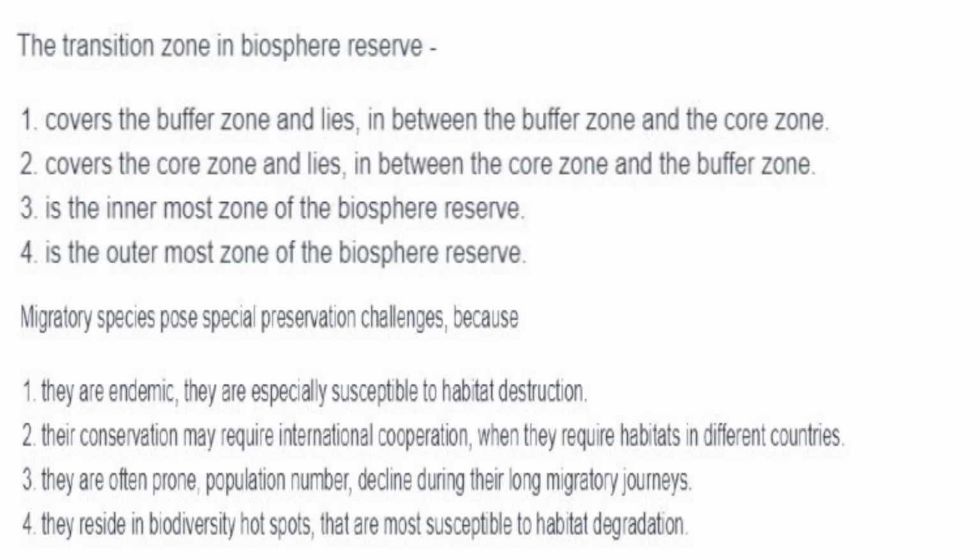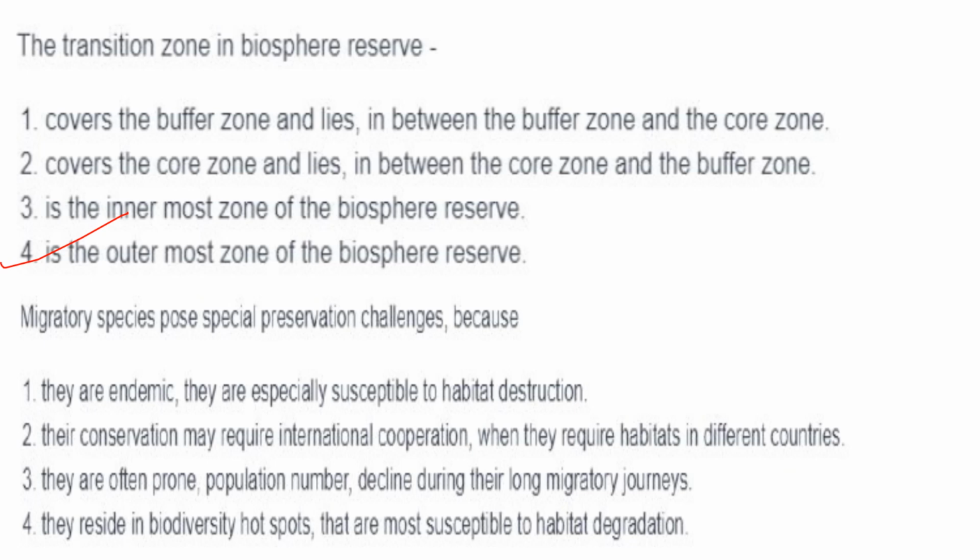Then the transition zone in biosphere reserve, it is the outermost zone of the biosphere reserve. 4 is correct. Then next one, migratory species pose special preservation challenge because they are endemic, they are especially susceptible to habitat destruction. No. Their conservation may require international cooperation.